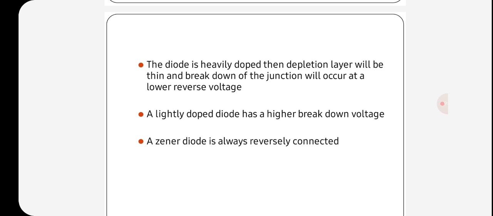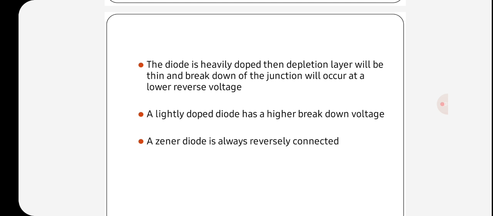The voltage at which Zener breakdown occurs is called Zener voltage, and the sudden increase in current is called Zener current. A normal PN junction diode does not operate in the breakdown region because the excess current permanently damages the diode. Normal PN junction diodes are not designed to operate in the reverse breakdown region.